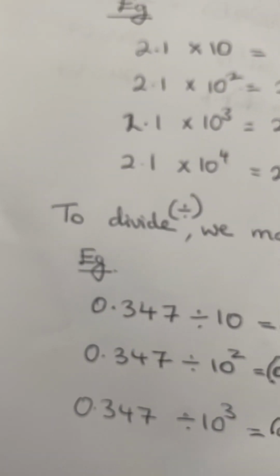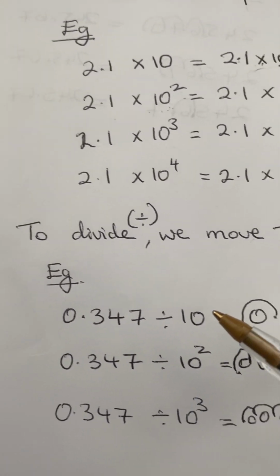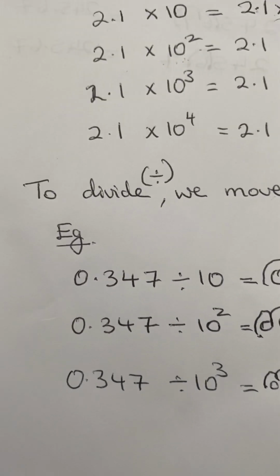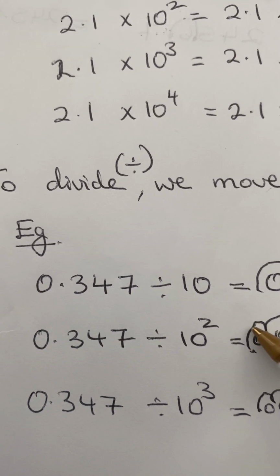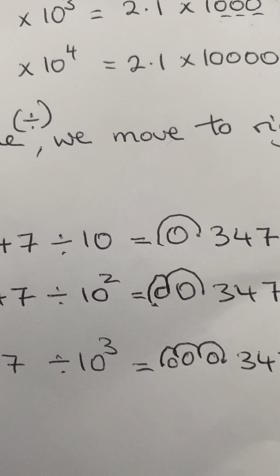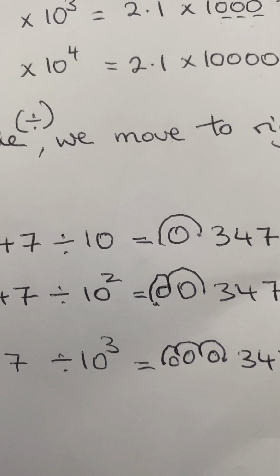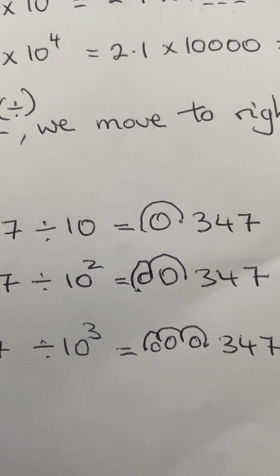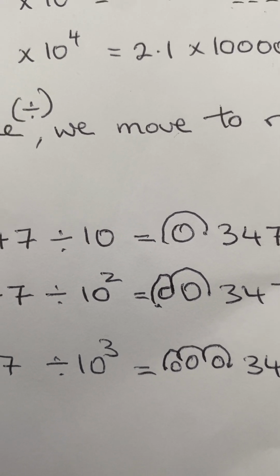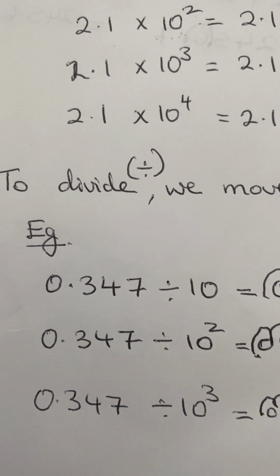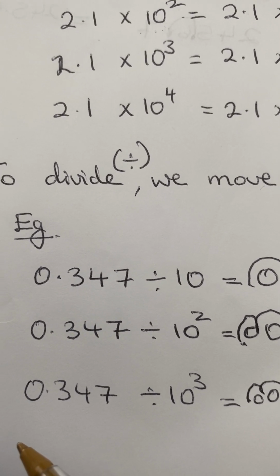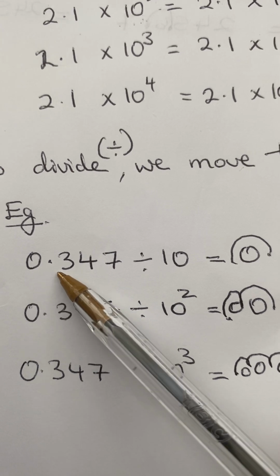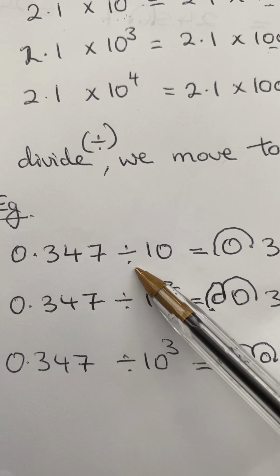That is multiplying by powers of 10. Now let's quickly look at dividing by the powers of 10. When we were multiplying, we were jumping and making loops in this direction. If you are facing the paper, that will be your right. Now we are going to move it backwards. So let's look at this figure here. 0.34 divided by 10.